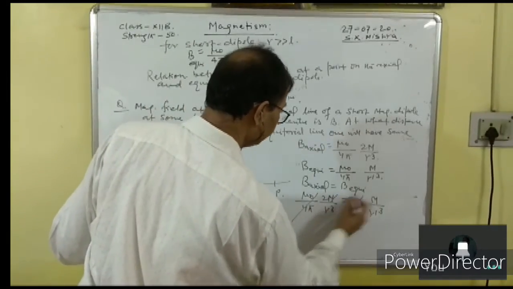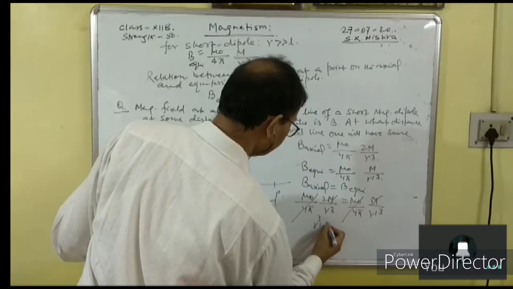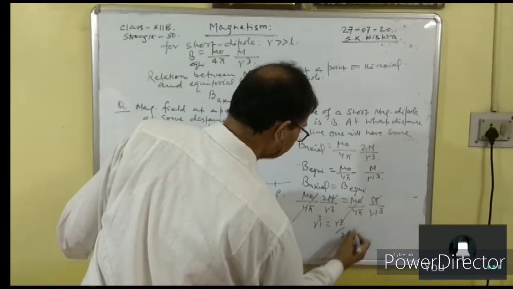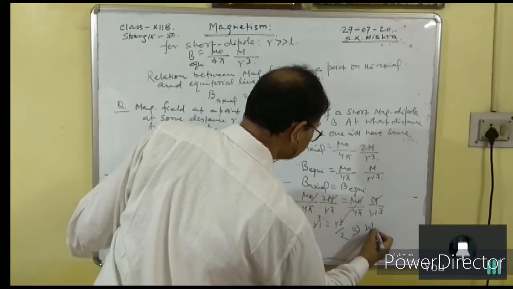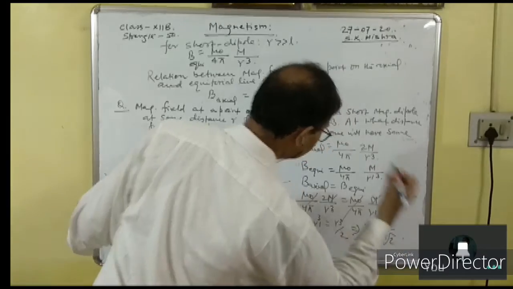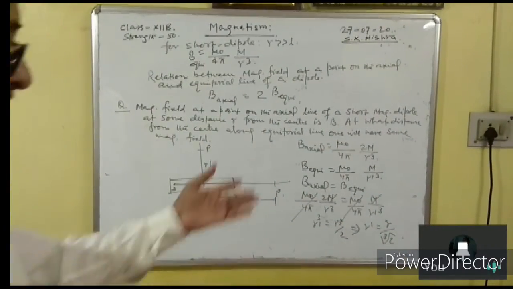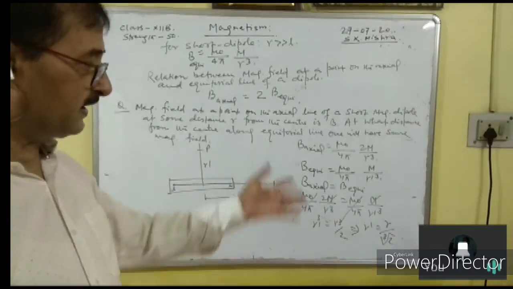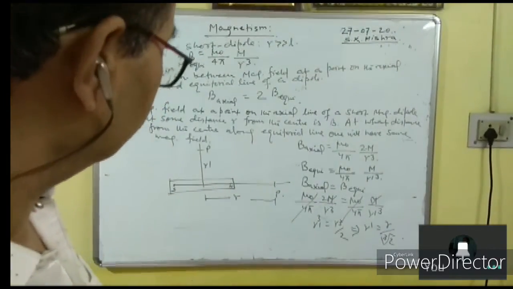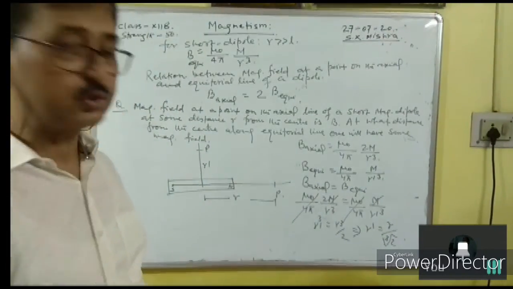The dipole is a magnetic dipole. So B axial, the magnetic field at a point on the axial line, is 2 times B equatorial. So the field on the equatorial line is half of the field on the axial line. So the magnetic field is strong on the axial line and weak on the equatorial line.